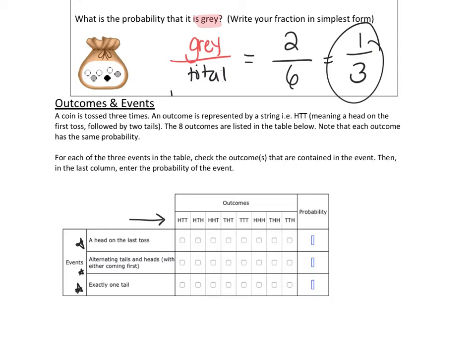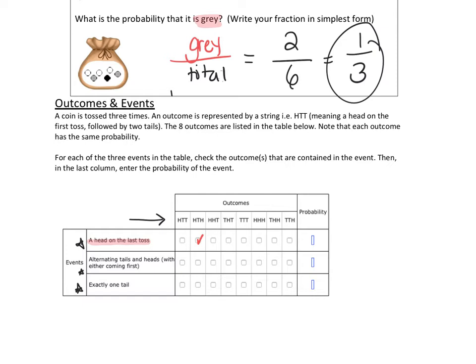The first event says a head on the last toss. So we're going to check all the ones that have a head on the last toss. The first one has a tail, the second one has a head on the last toss, so I'll check that one off.